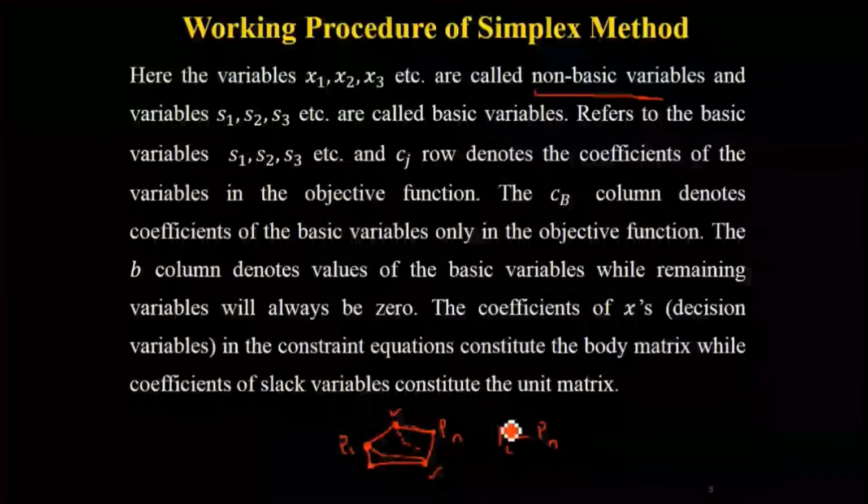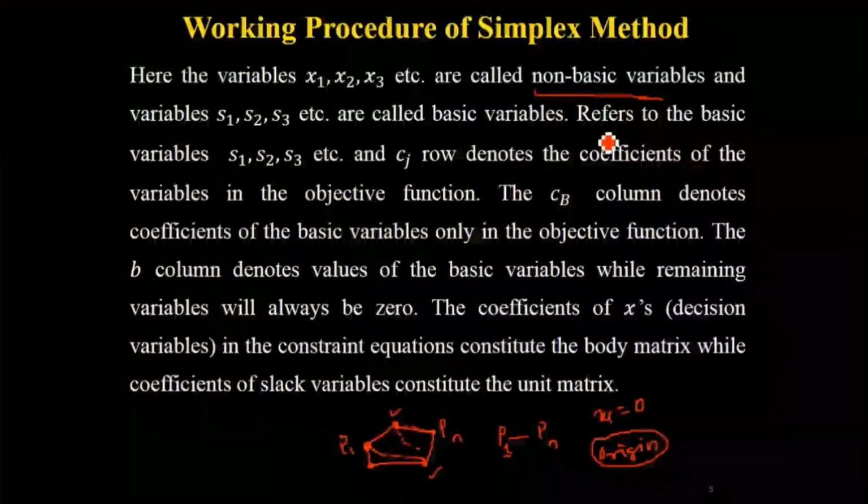So we have to start with some point, then what will be that point? We consider S1, S2, S3, whatever slack variables are there, as basic variables, and whatever x1, x2, x3, all those values we take as 0. Means we start from the origin. From the origin we start the search, and we will update the process and get the best point. So that is the idea behind it, and we will implement those things.